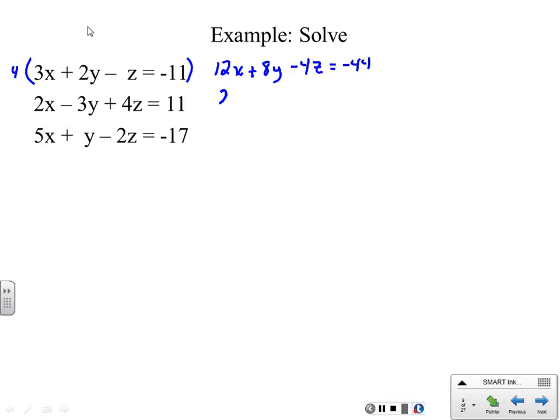And then that middle equation is good to go. Check my math. I would hate to miss a sign. All right, so we're going to add these two together. And I'm going to have 14x plus 5y is equal to negative 33.